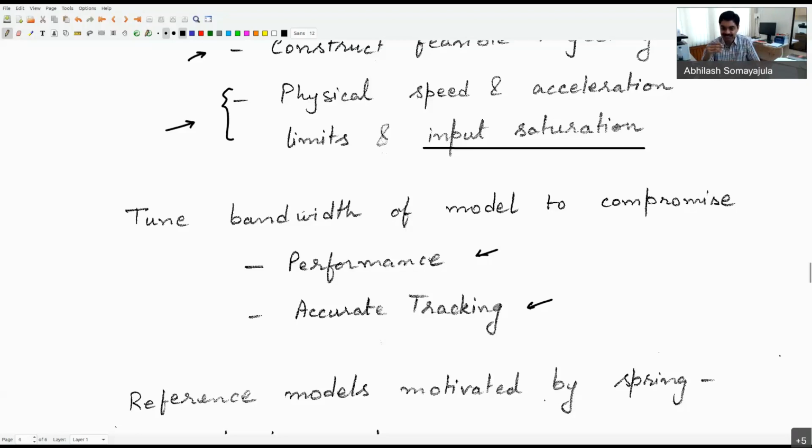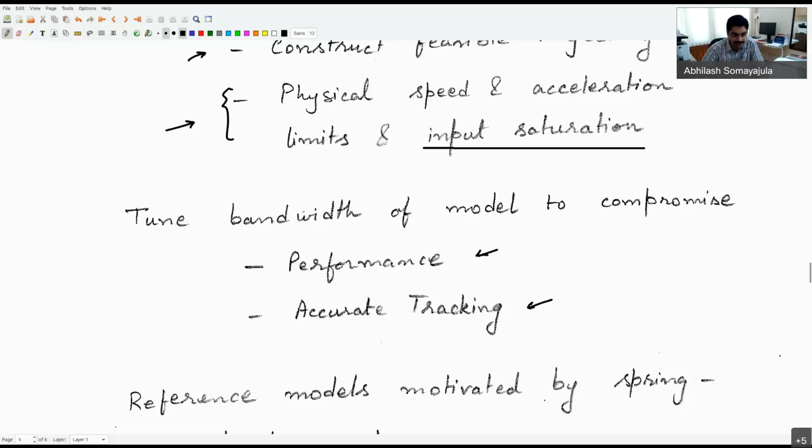These are the things which you have to balance as a control engineer. We have to balance between the performance and the accurate tracking. You have to make a compromise between them, and that compromise you typically do by tuning the so-called bandwidth of the filter.